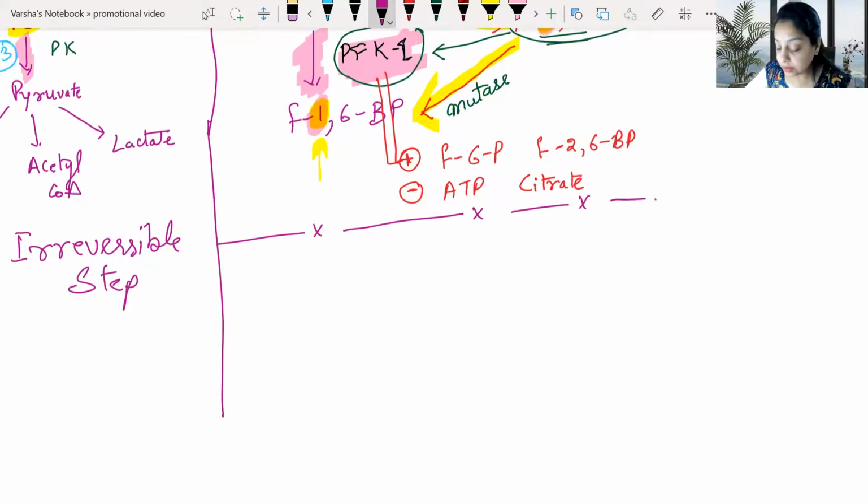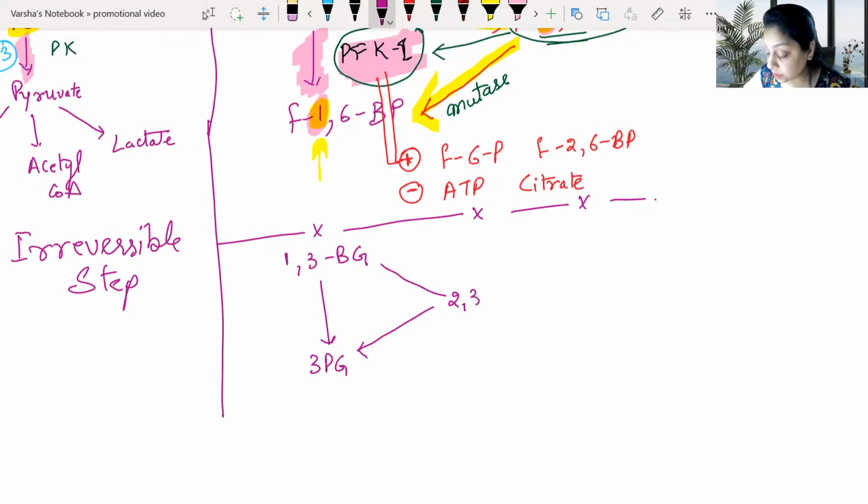What you will write here is there is 1,3-BPG of the glycolysis cycle that is getting converted into 3-PG, right? Now there is another love triangle here. 1,3-BPG gets converted into 2,3-BPG, whatever way you want to write it down.